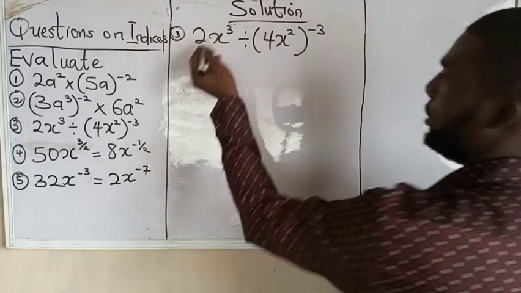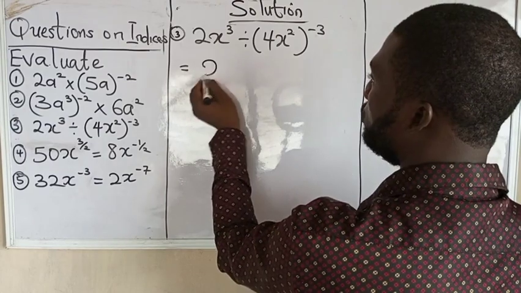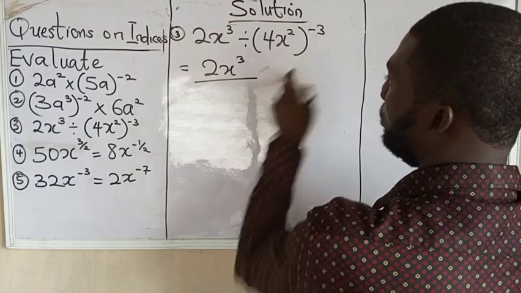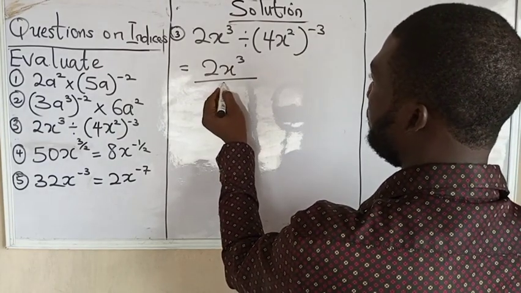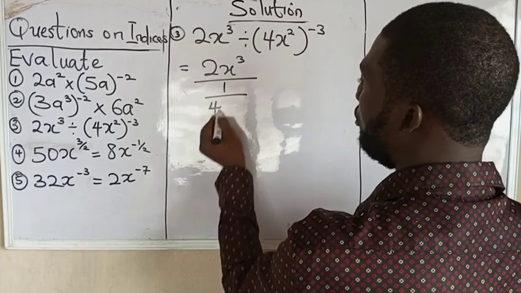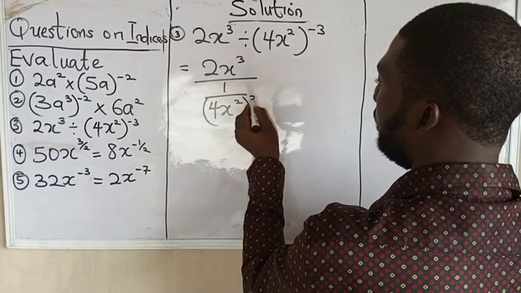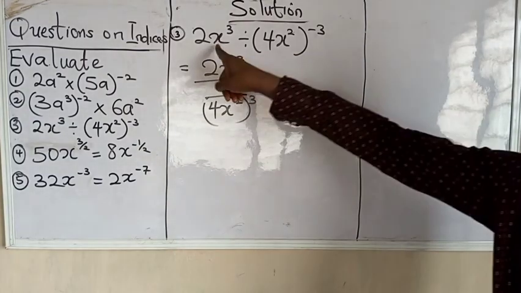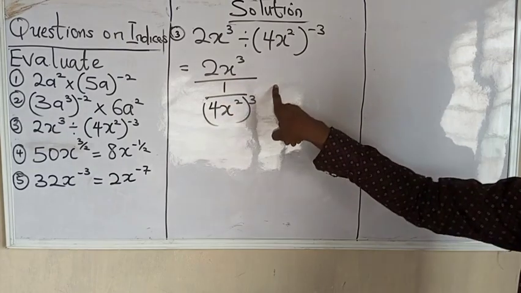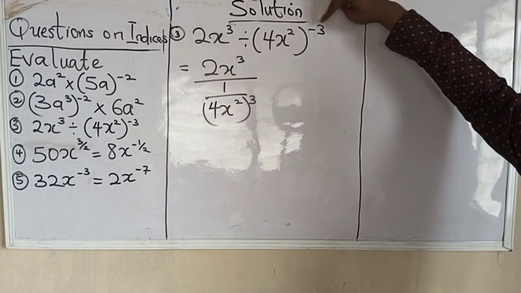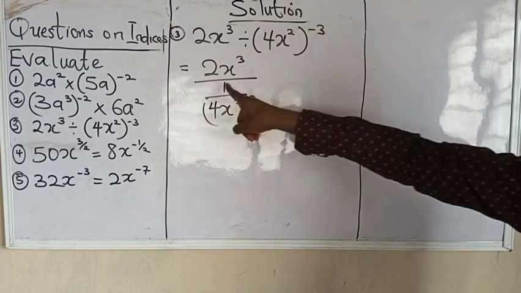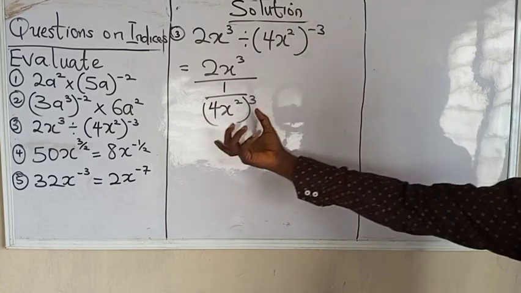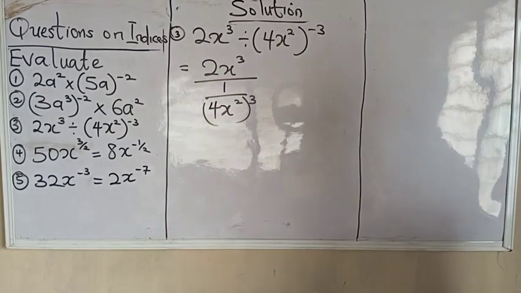I can say this is 2x raised to power 3 divided by, this one can be likened to 1 over 4x raised to power 2 all into bracket 3. I can do it this way, because this is the division, and don't forget that this is minus 3. To change it to positive, I have to write 1 over 4x raised to power 2 all into bracket 3. And you see, the negative has changed to positive.